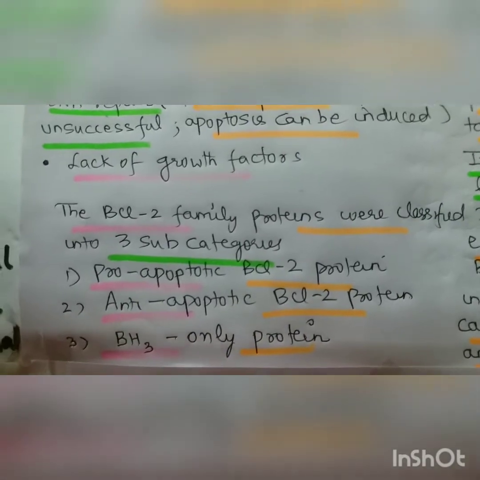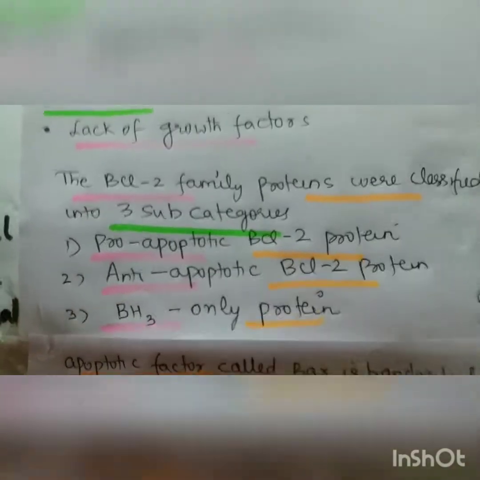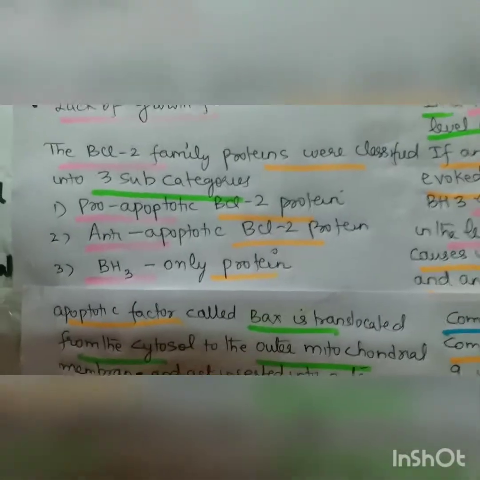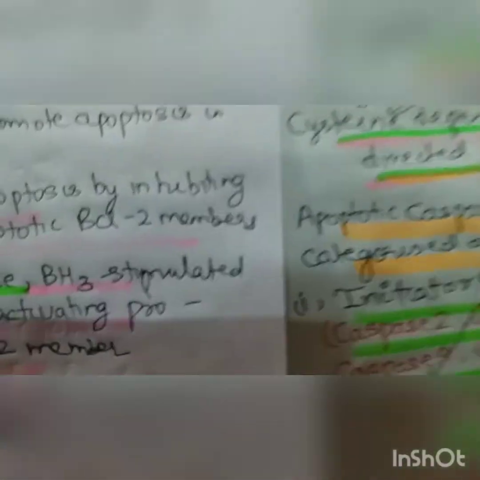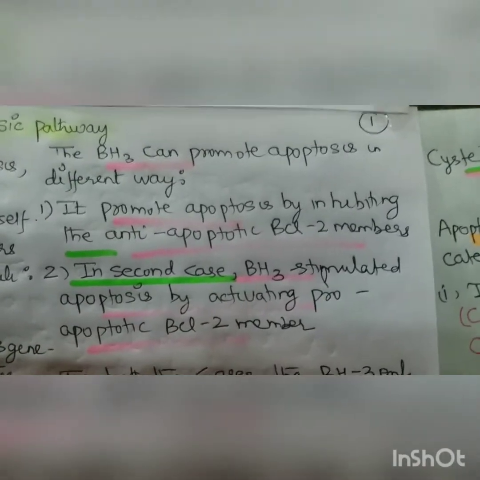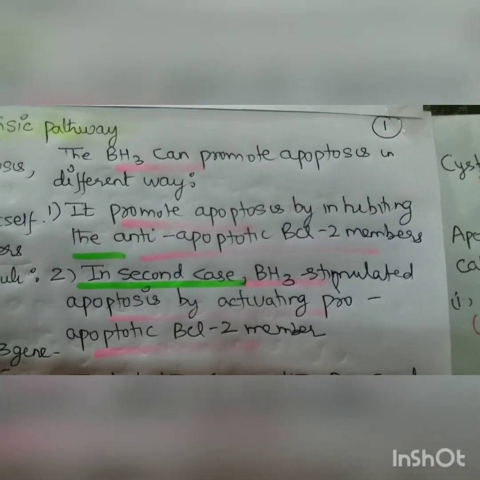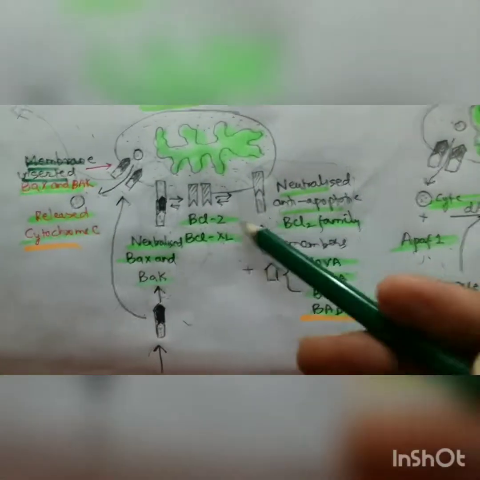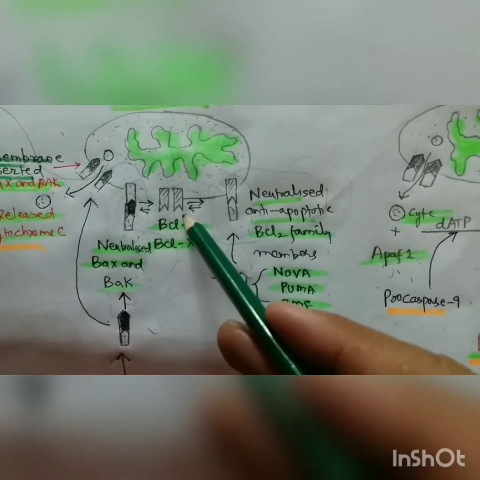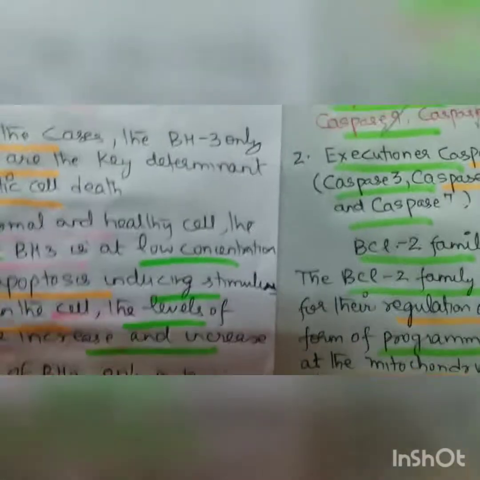Then the lack of growth factors. The BCL2 family we did with the explanation, and here the BH3 proteins promote apoptosis by inhibiting the anti-apoptotic BCL2 members. They combine with or neutralize the BCL2 members, that is BCL2 and BCLXL.